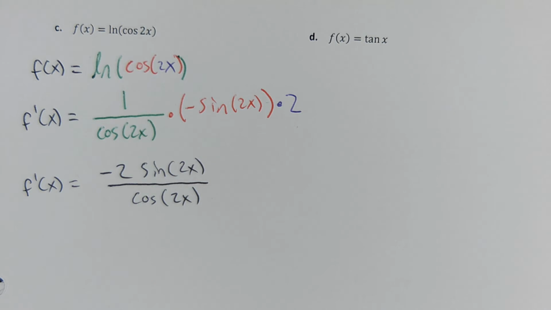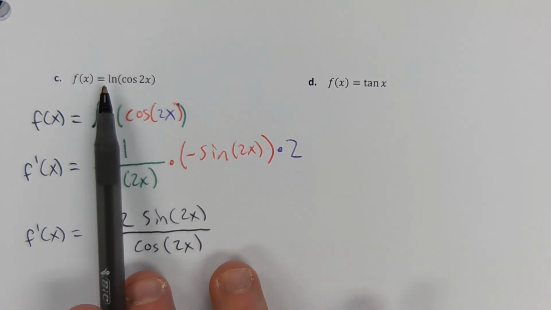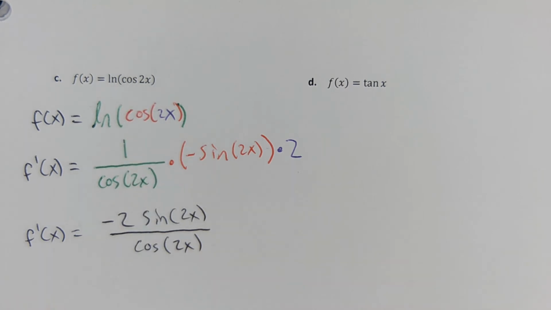Tangent is sine over cosine. Now we don't need to do that for this test. But this does equal -2 tangent 2x. Isn't that neat that the slope of the natural log of the cosine of 2x is -2 tangent 2x? So neat. Stop it. I'm stretching.